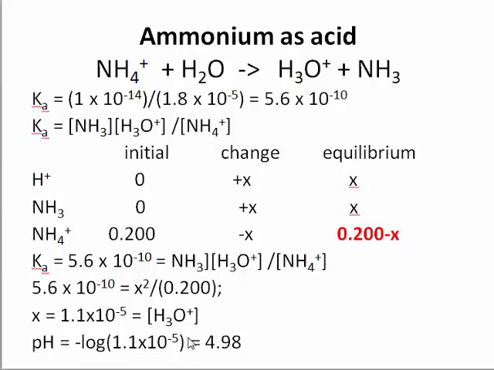This gives a pH of 4.98, indicating an acidic solution. So, because ammonium is the conjugate acid of a weak base, solutions of ammonium are acidic, just like a solution of potassium formate is basic.